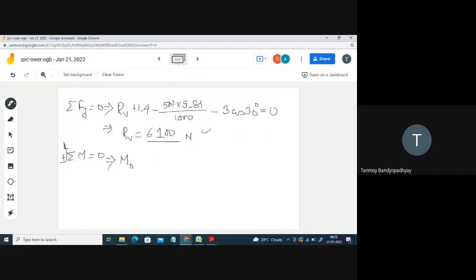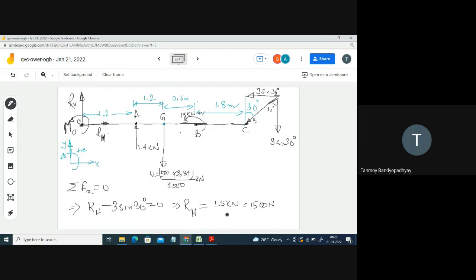Acha, let's move to the point A, let's traverse the beam. So amra point A te I am having 1.4, so the moment due to the 1.4 force at the point 0 is it's causing a moment of কত, it's causing a 1.4 anti-clockwise into moment.